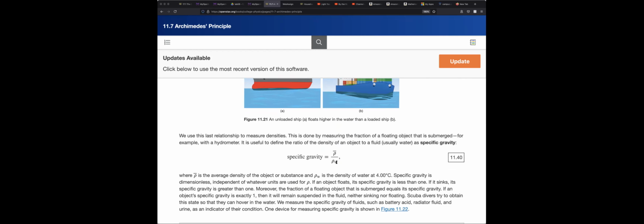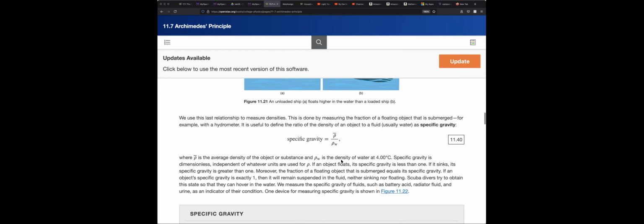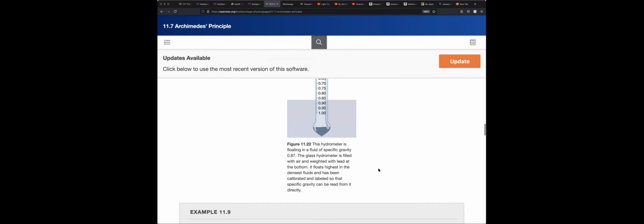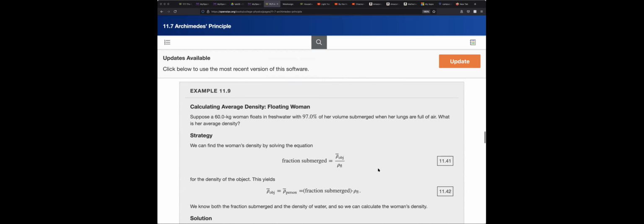If it's greater than 1, it's going to sink. And the farther you are from 1, the more it's going to sink or float. So the smaller it is, the more it's going to float. The bigger it is away from 1, the more it's going to sink. And that's used often. That's used in chemistry a lot. It's used in a lot of different ways.